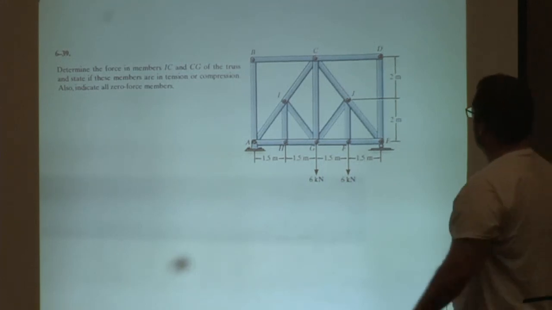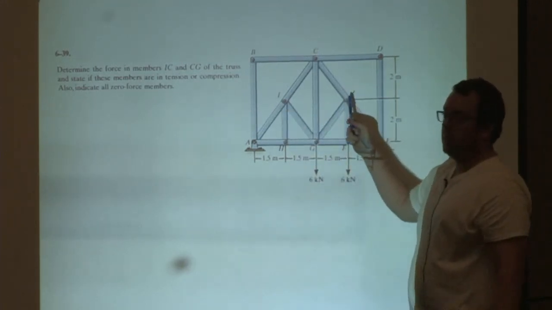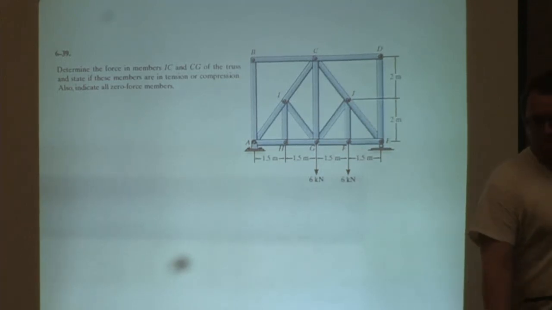Two I joints. Here's I and J. Sorry, it's a blurry print.